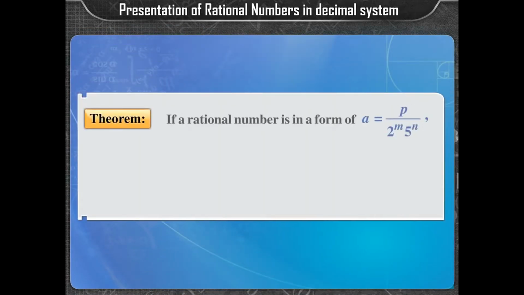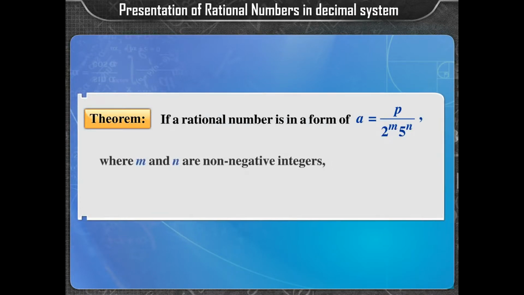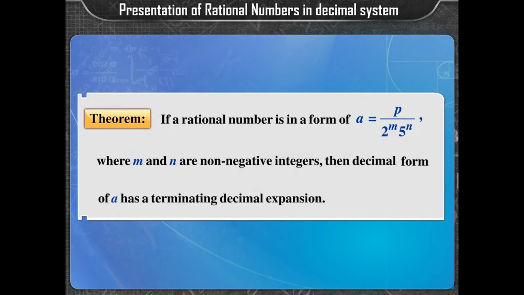Theorem. If a rational number is in the form A is equal to P upon 2^M, 5^N, where M and N are non-negative integers, then the decimal form of A has a terminating decimal expansion.